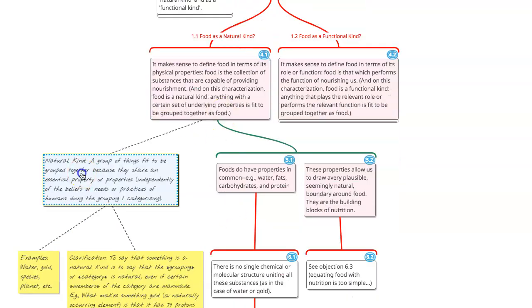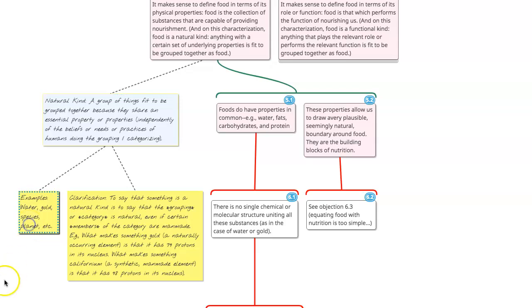Now note, definition of natural kind: a group of things fit to be grouped together because they share some essential underlying properties, independently of the beliefs or needs or practices of humans doing the grouping or categorizing. Examples: water, gold, species, planet, maybe. Clarification: to say that something's a natural kind is to say that the grouping or the category is natural, even if certain members of the category are man-made.